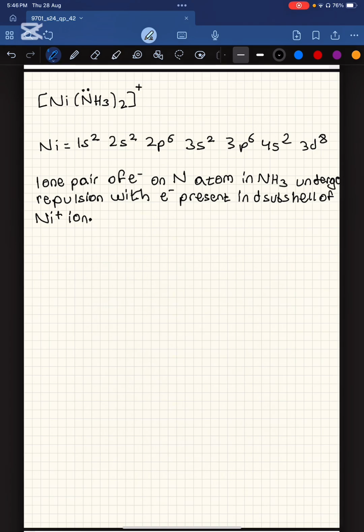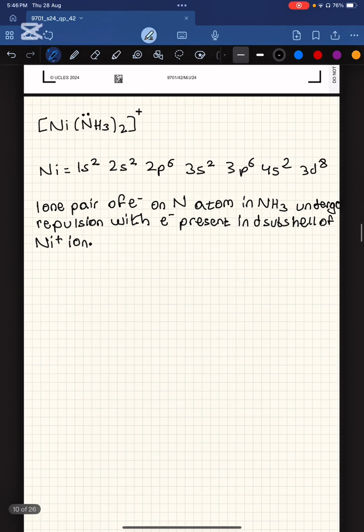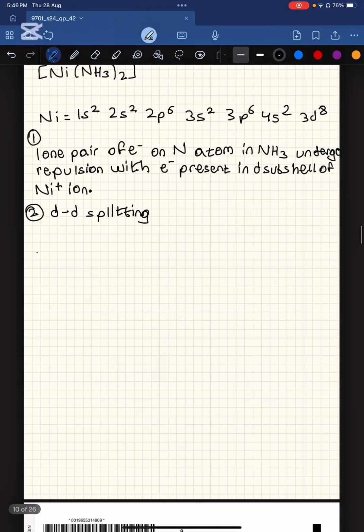Now what happens? Because of this repulsion, this 3d8 orbital undergoes splitting. And this process is known as d splitting. So this is the first process that happens here. The d orbitals split into two parts. We all know the five d orbitals that are present.